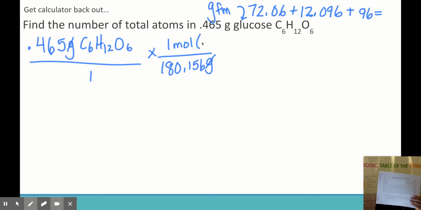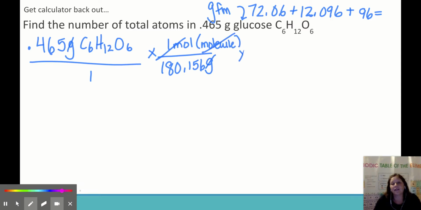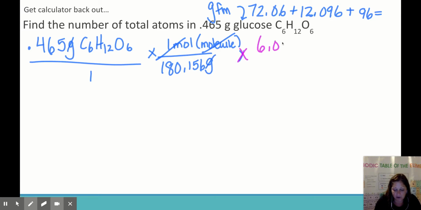Now this is moles of molecules. Once we're in moles, we are going to say that it is times 6.022 times 10 to the 23rd molecules per mole.